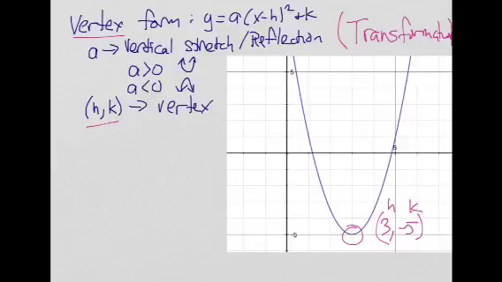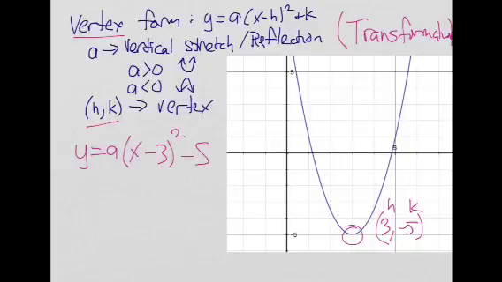From here, I have most of my equation already. My equation is going to be some a times x minus my x coordinate, plus my y coordinate. So I have a times x minus 3 squared minus 5. All I need to do now is find out what my a value is. That we're going to do just a little work.